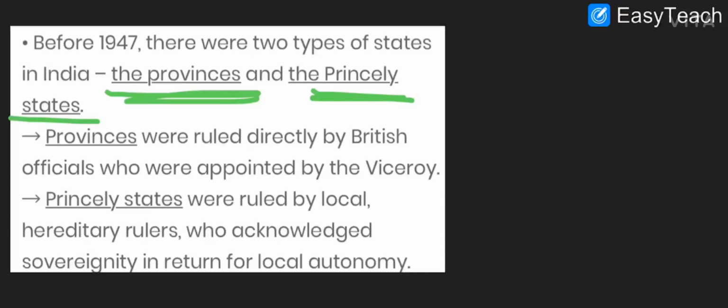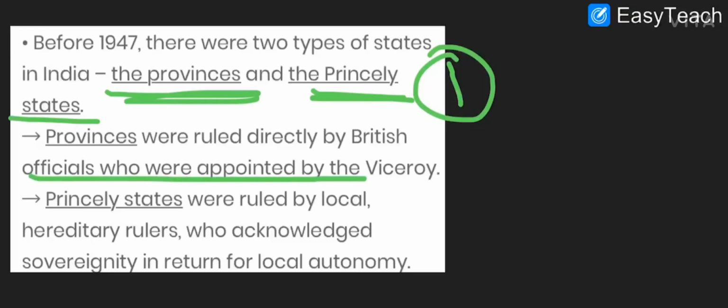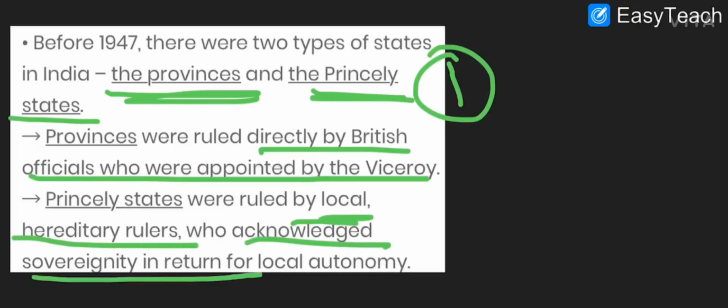Two types of states, provinces and the princely states. One marker. Provinces were ruled directly by the British officials who were appointed by the Viceroy. And princely states were ruled by the local hereditary rulers who acknowledged sovereignty in return for local autonomy.